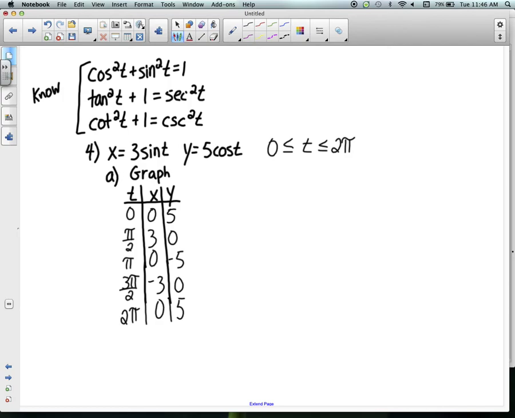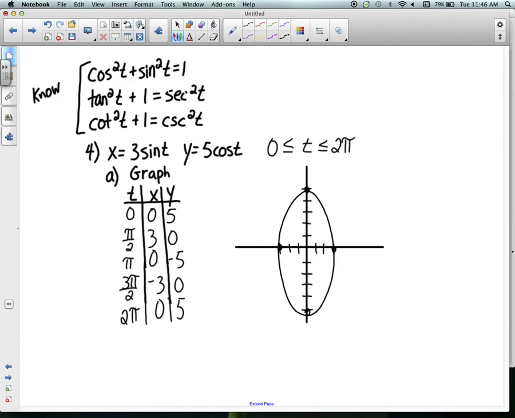So let's take a look at the sketch of this. And you'll notice you end up getting an ellipse if you connect those points.